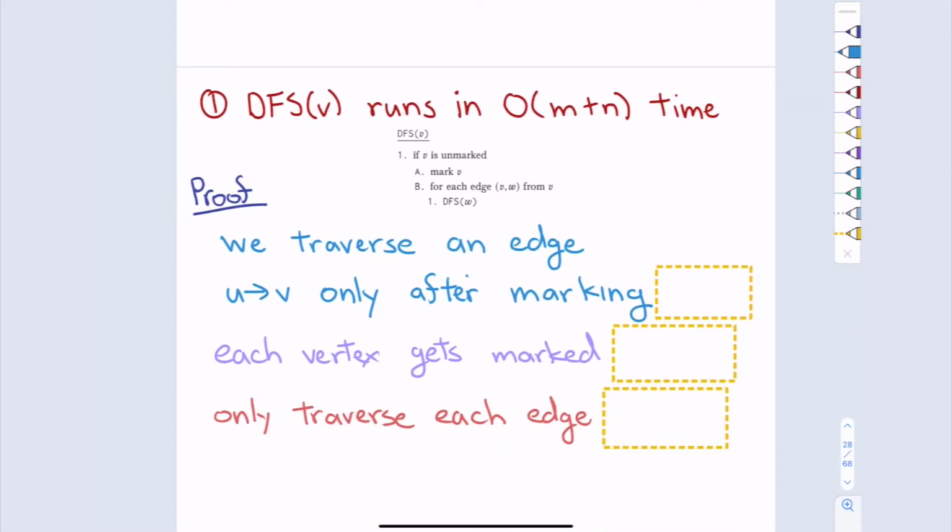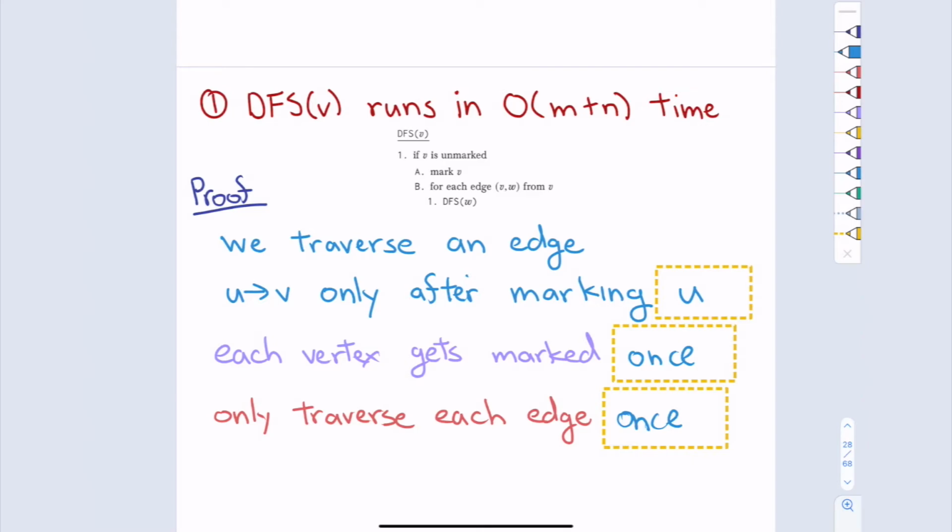And again, I guess for the sake of completion, the linear time is just coming from marking. I only explore an edge UV after marking U. Each vertex only gets marked once. So I only traverse each edge once.